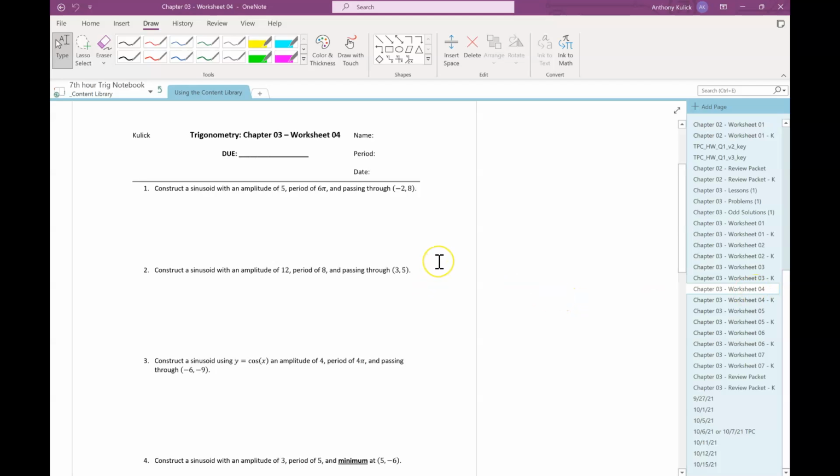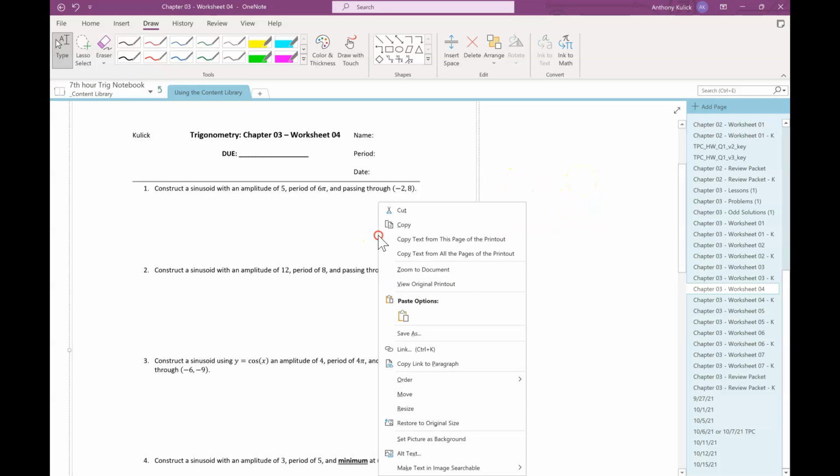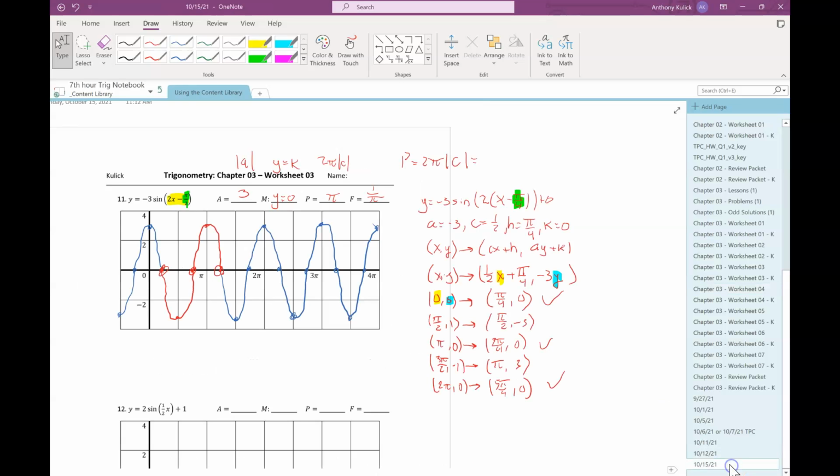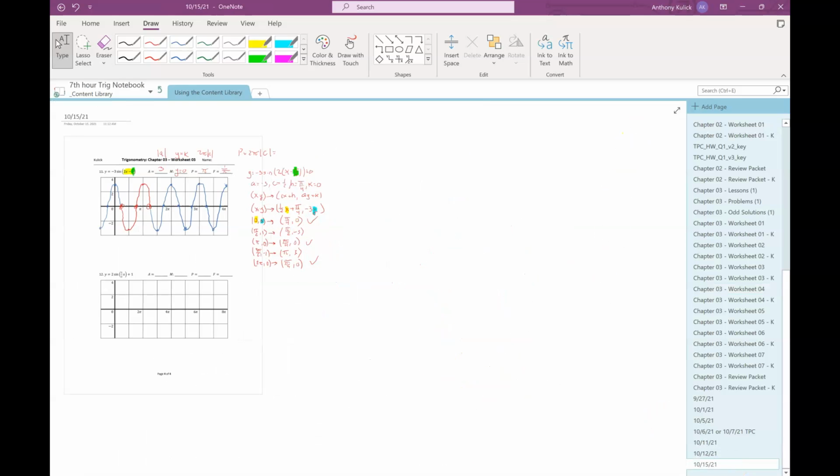What are these sinusoids? So that's just a sine or cosine function.